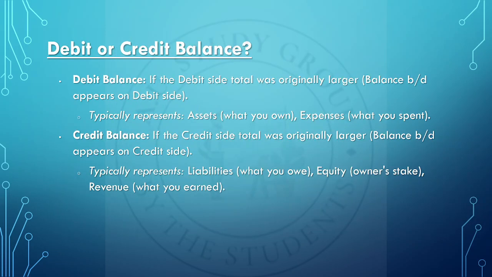Now, how do we understand a debit balance or a credit balance? If the debit side was originally larger, or the balance brought down appears on the debit side, it represents a debit balance. If the credit side was larger, then it is called credit balance.